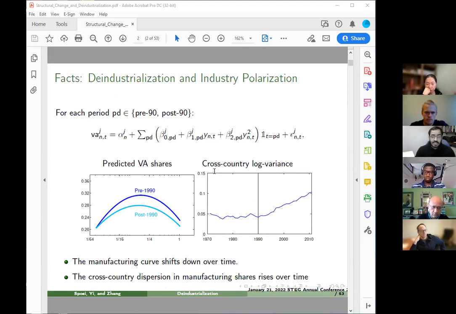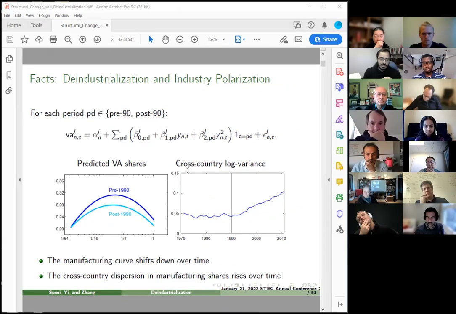Essentially, one way to think about it is they're effectively bypassing manufacturing and transitioning straight from agriculture to services. To formalize this, we regress sector value added share on income per capita for our panel of countries, as well as income per capita squared. We include country fixed effects, and then we allow the coefficients on income per capita and income per capita squared to differ in the pre versus post 1990 period.